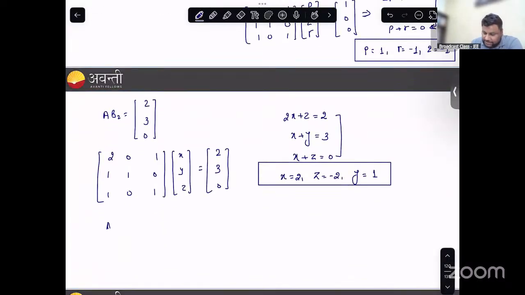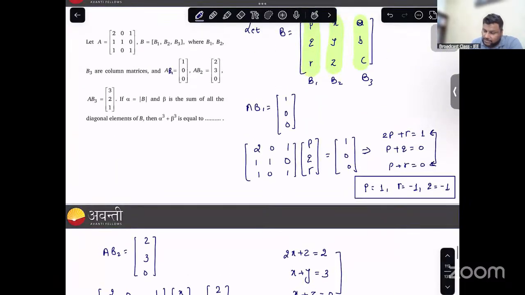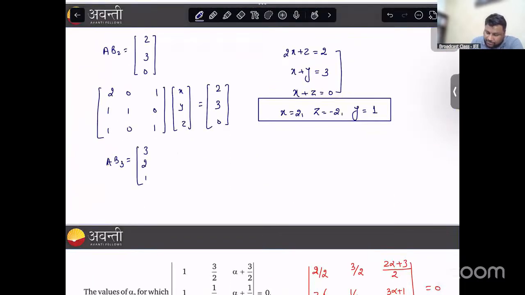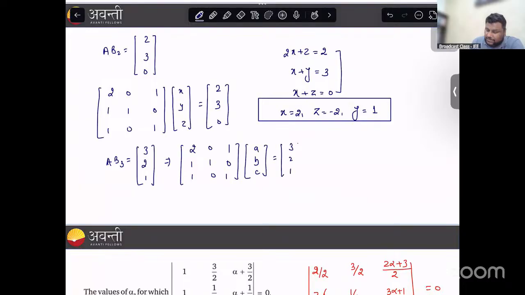Now they are saying AB3 is 3, 2, 1. 3, 2, 1 means 201, 110, 101 multiplied by A, B, C, which is B3. And with this, I get 3, 2, 1.